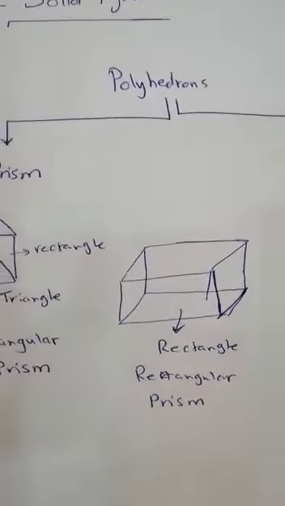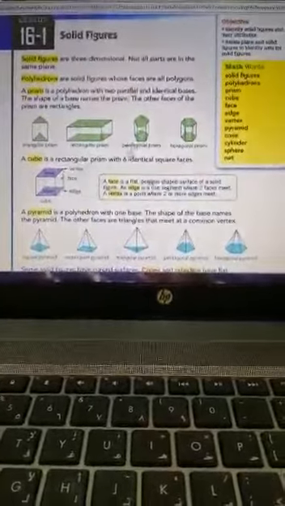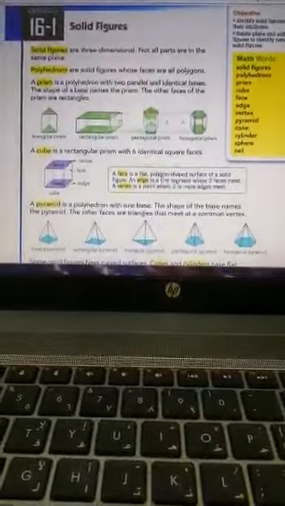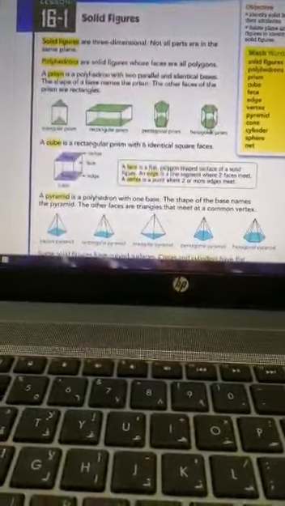Then if we have, look here in this example, a pentagon as the bases, then we name it a pentagonal prism, okay? And here we have a hexagon in the base, we name it a hexagonal prism, okay?